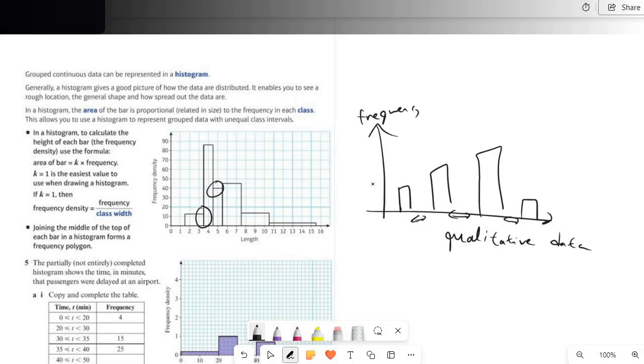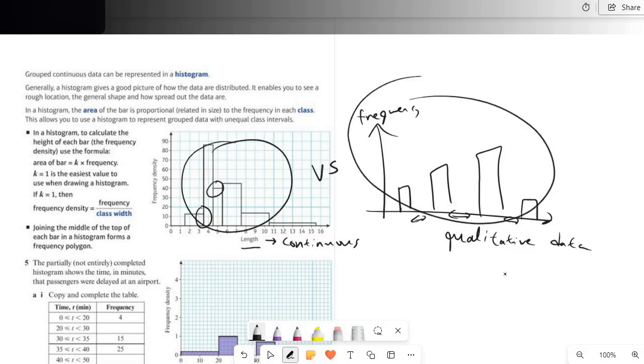Similarly, we are dealing here with a continuous variable that can have any value in this given range. For example, length can be anything from 0 to 16, like 0.5, 1.5, 2.5, and so on. So this is continuous, and this is the main difference between a histogram and a bar chart.